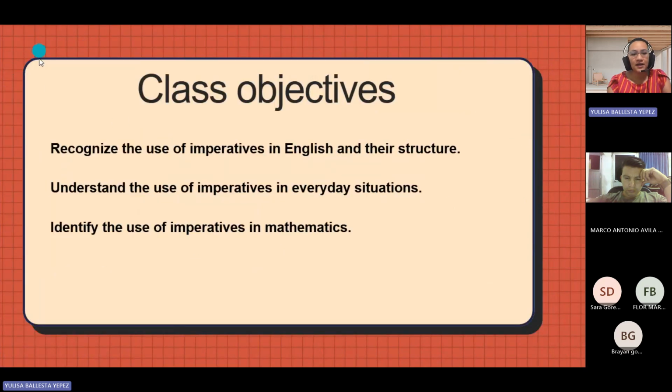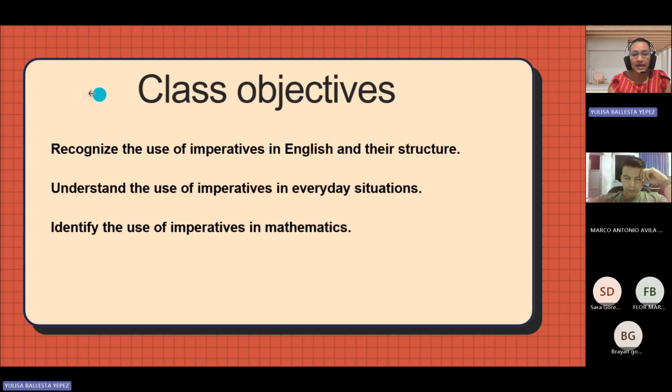To start, I would like to show you the class objective. The class objective is to recognize the use of imperative in English and their structure, because we use affirmative, negative, and interrogative forms. And also to understand the use of imperative in everyday situations.